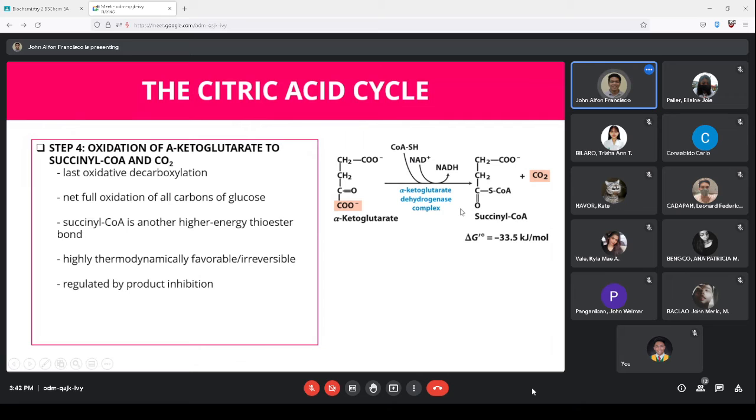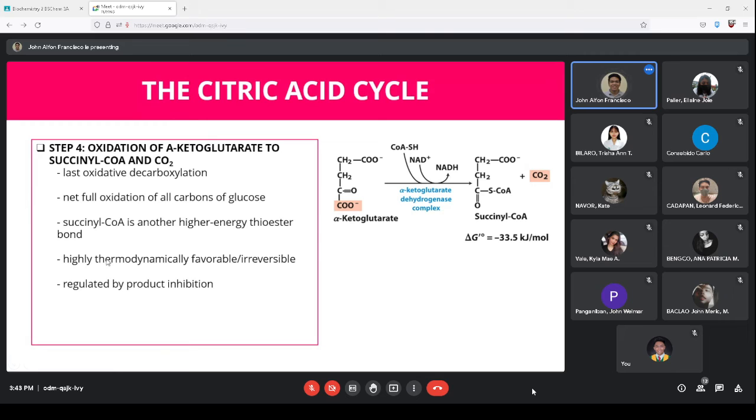reaction. So as you can see here, we have introduced another NAD+ acceptor. So within the reaction, you produce NADH and carbon dioxide. So these components will be another participant for production of ATP, specifically in the electron transport chain or ETC. Okay, so you use here the alpha-ketoglutarate dehydrogenase complex, and it is also regulated by product inhibition.